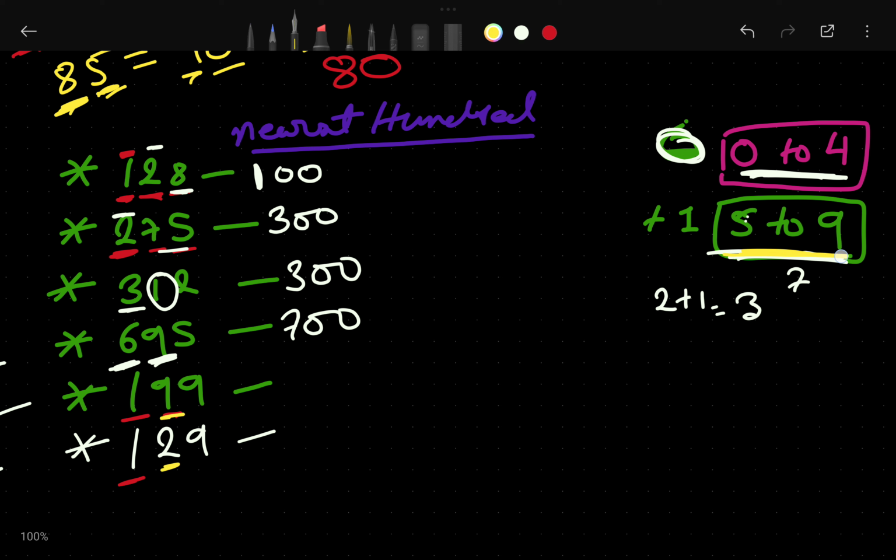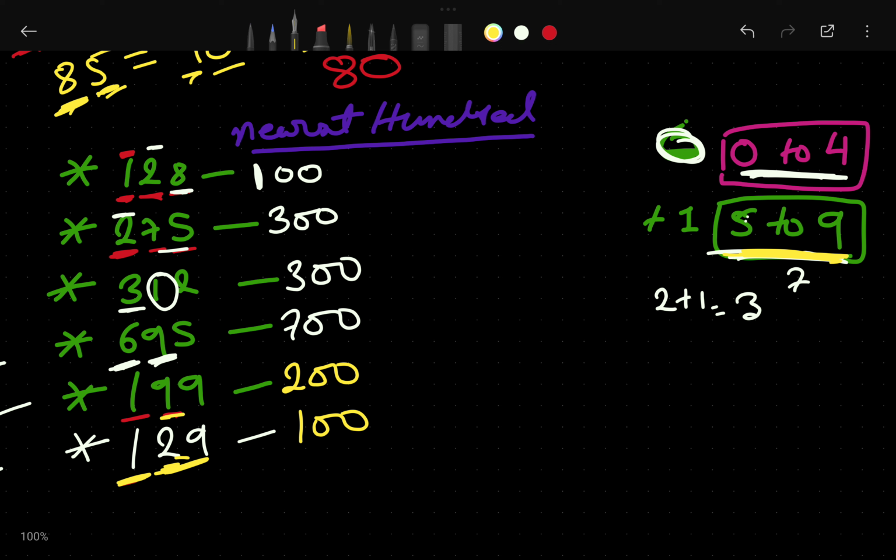So here we will add in this one 2. If you add 1 plus 1, that's 2. Then after it the number will be 0 0. And here this 2 is in the 0 place, so we don't have to put 0 0 0. We don't have to put this type of thing. What we have to do is write 1 as it is. Whatever number we get from here, we have to write like that.